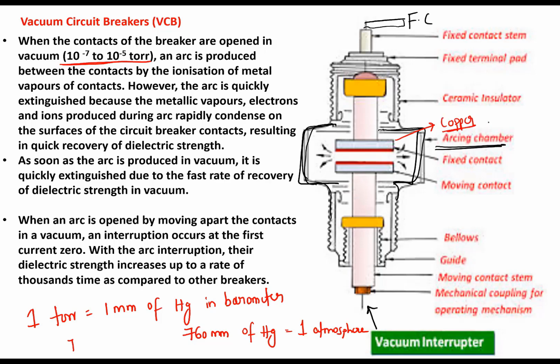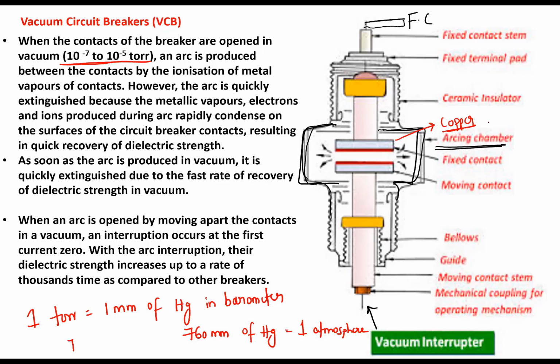On the surface of these copper contacts a huge amount of heat is generated, because of which some portion of the contact melts, and this molten copper vaporizes to form metallic vapor.